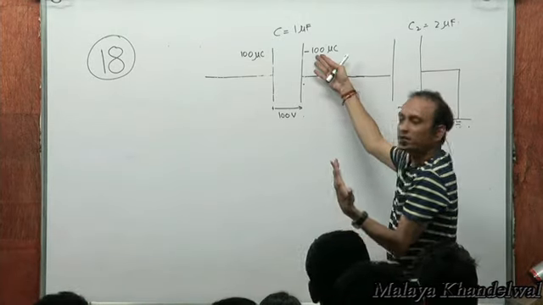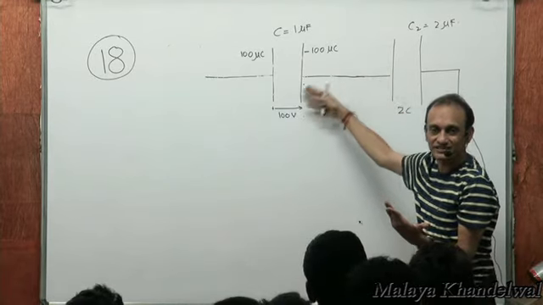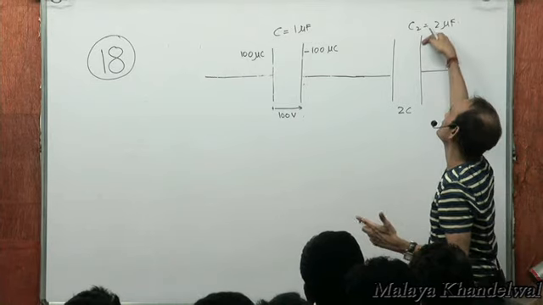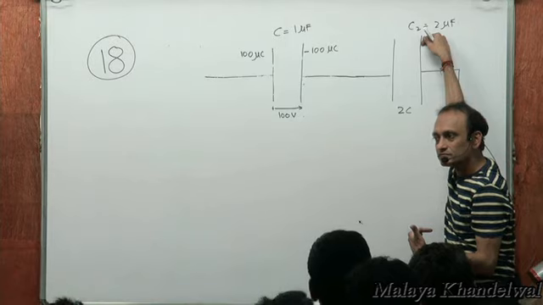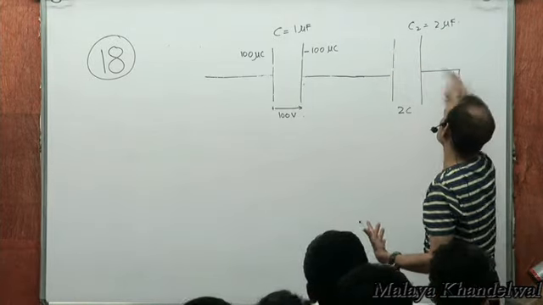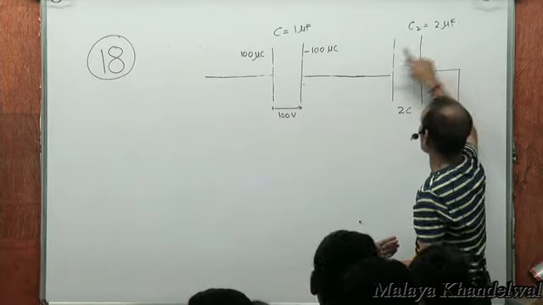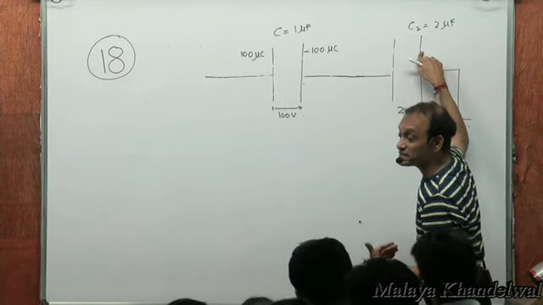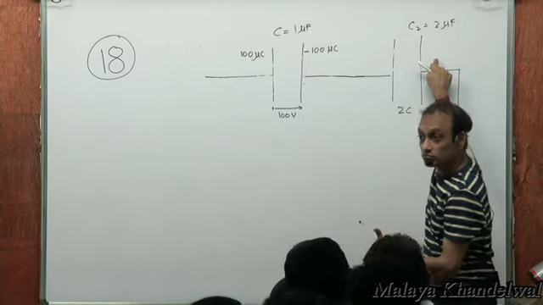So these 100 and minus 100 are like bound charges. They remain glued to each other, right? Now if this is minus 100 and these two don't exchange charge, why on earth will Mother Earth oblige to give any charge to this plate? Suppose there was 80 microcoulombs here, then Mother Earth would have said, all right, I'll give you minus 80, so that in the meet of the plates, the electric field is 0.